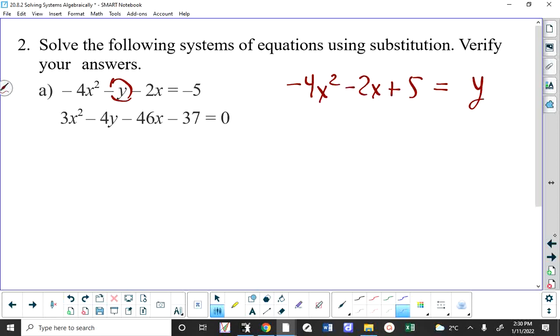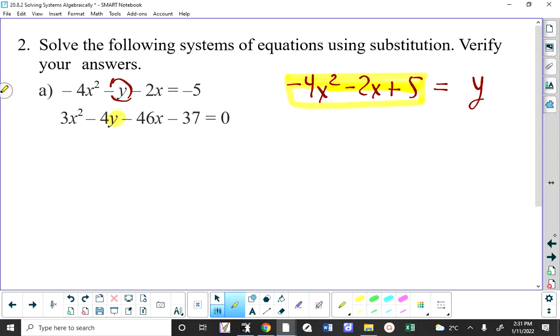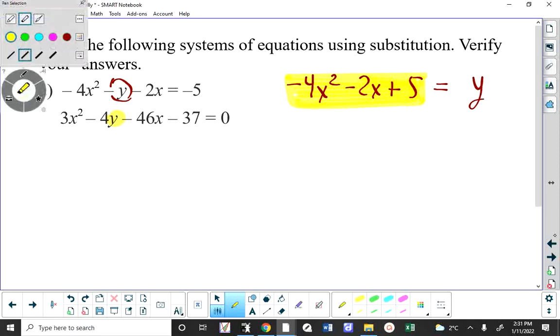So with substitution, now what I do is I take this thing, which is y, and I substitute it into the second equation.